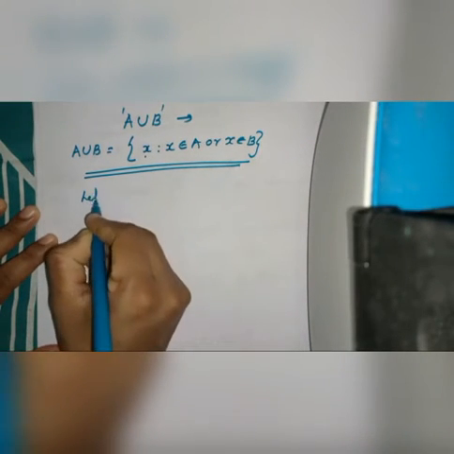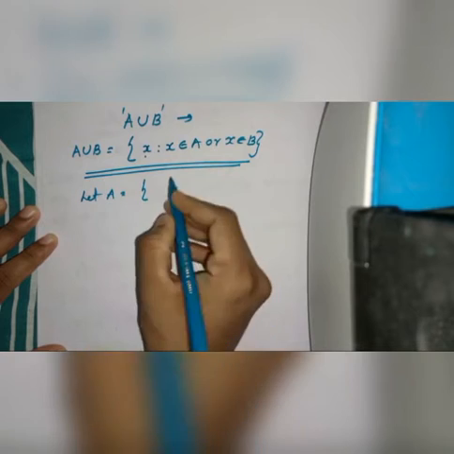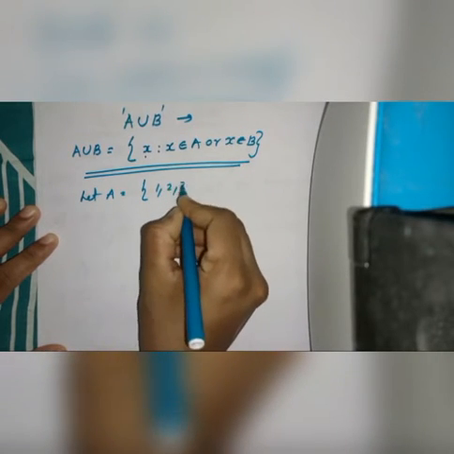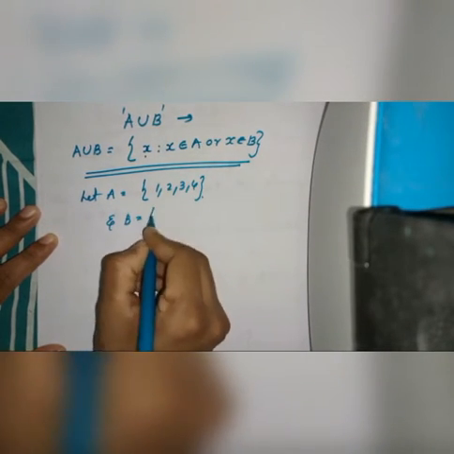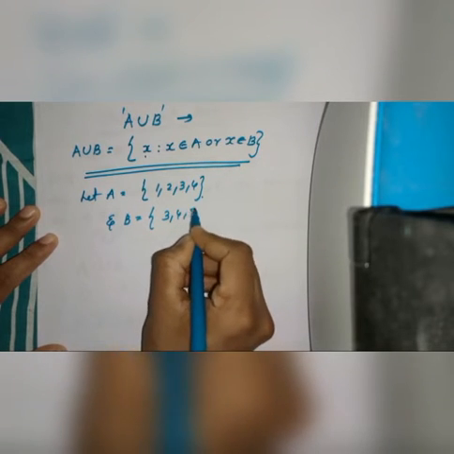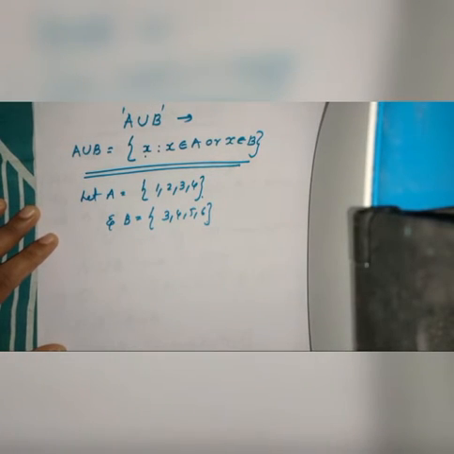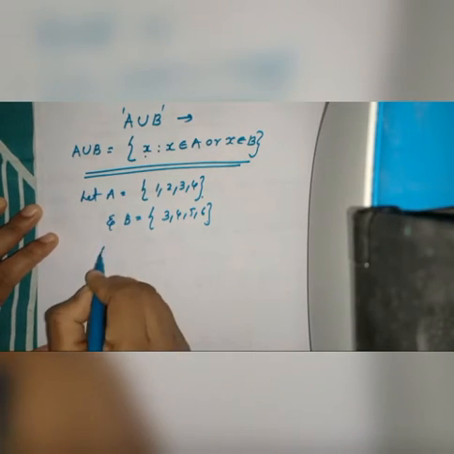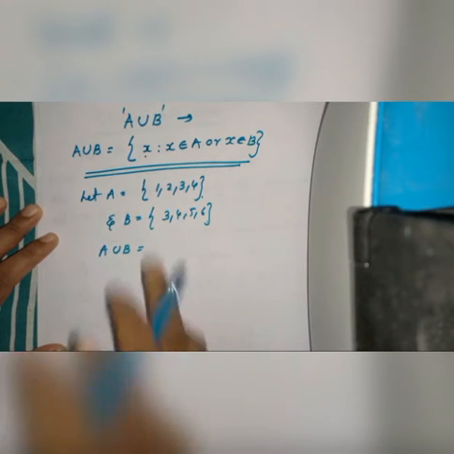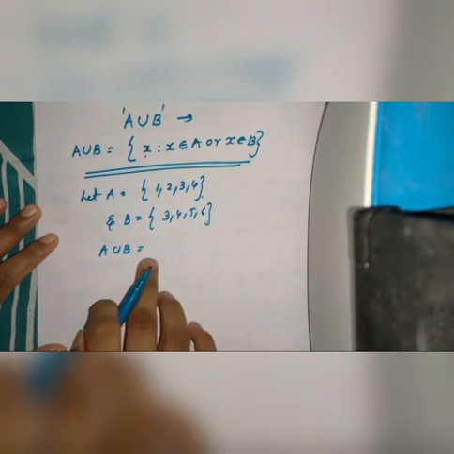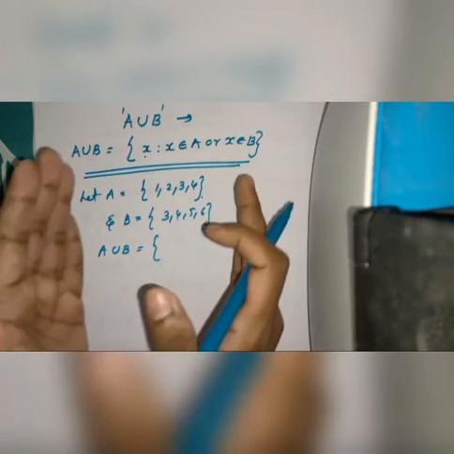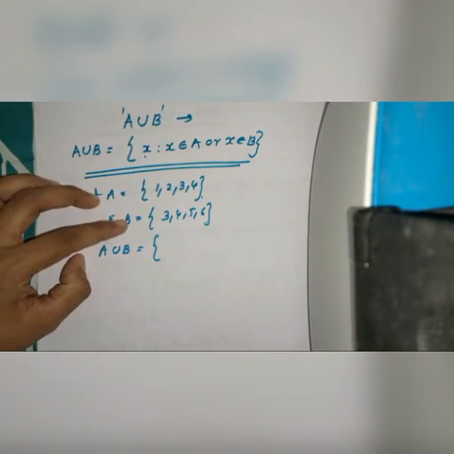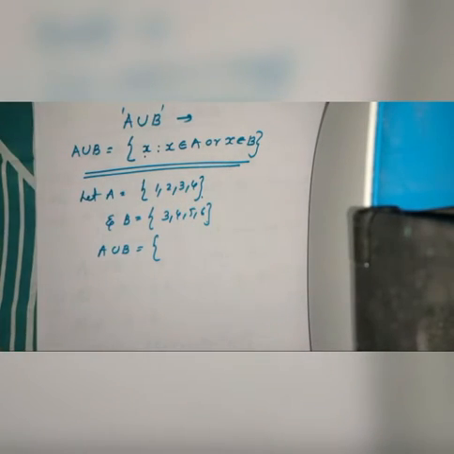Let A be the set {1, 2, 3, 4}. And B is another set, which consists of 3, 4, 5, 6. Find the operation A union B on these two sets. So what is A union B? A union B is nothing but combining all the elements of both A and B, and the repeated elements are taken only once.